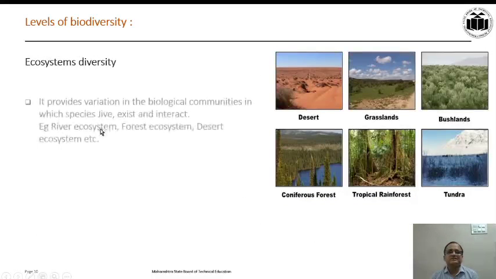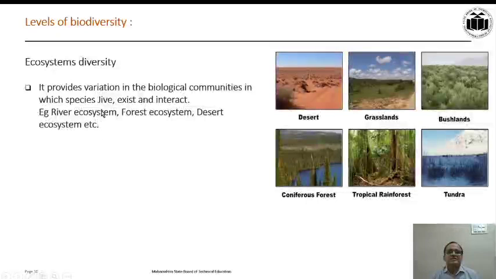Ecosystem diversity. It provides variations in the biological communities in which species live, exist, and interact. Examples are river ecosystem, forest ecosystem, desert ecosystem, etc. They have their own peculiar arrangement.